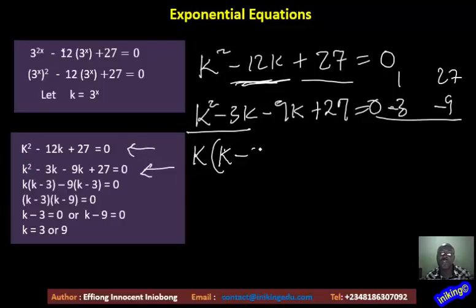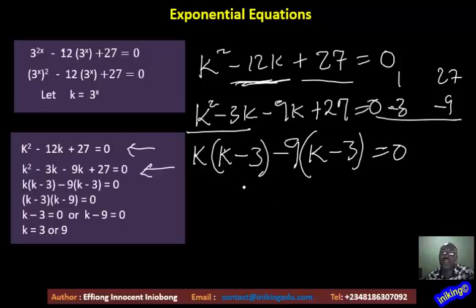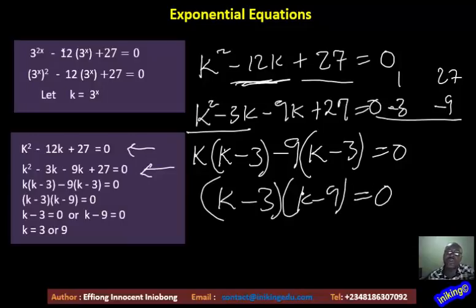Minus 3k divided by k is minus 3. If you think you can't catch up with the speed, check the video on solving quadratic equations. We bring 9 out. Between 9k and 27, 9 is common. Minus 9k divided by minus 9 is k. Plus 27 divided by minus 9 is minus 3. And we have here k minus 3 into k minus 9 is equal to 0.